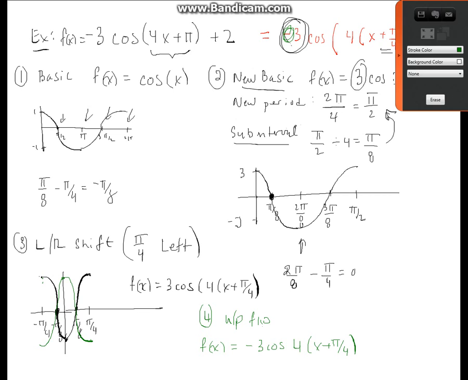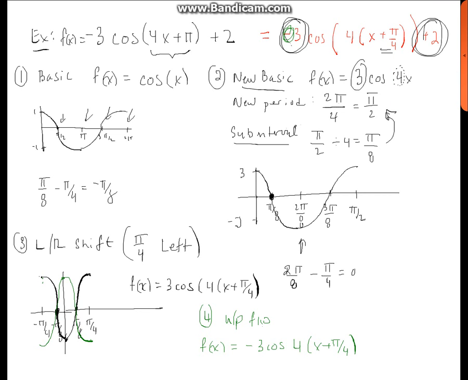Finally, we just need to add 2, which means take every single one of these points and add 2. So note, this guy was at 3. If we add 2, it should be up here at 5. If we add 2 to this point, which is at negative 3, it should go up as well. Okay, so let's complete the graph. I need a clean slate, guys. Sorry.